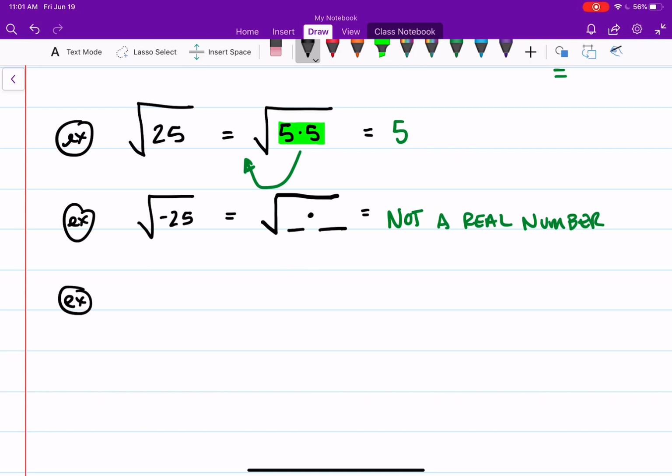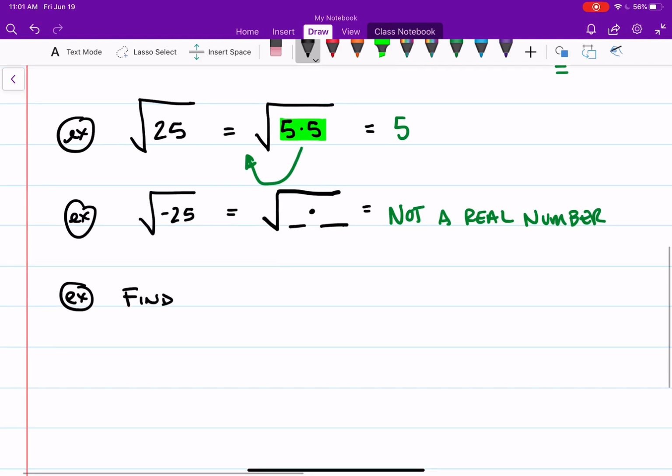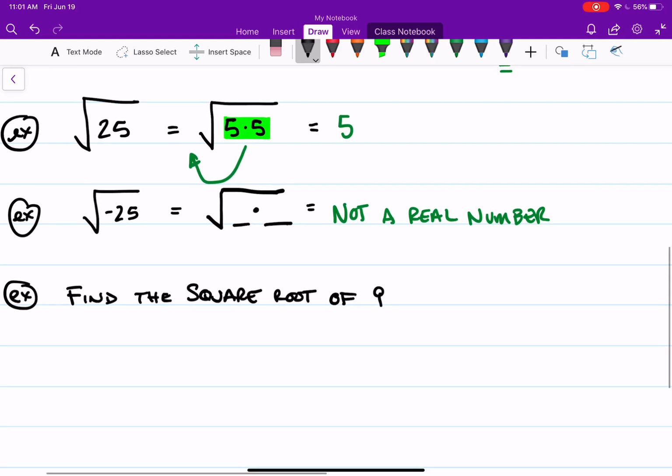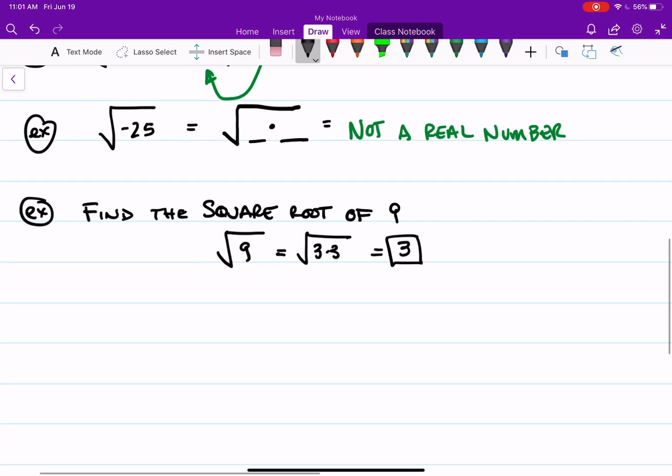So they might say, find the square root of 9. In the way this is phrased, you're looking for the square root of 9. That is the square root of 3 times 3, and that is a pair, so the answer is 3.